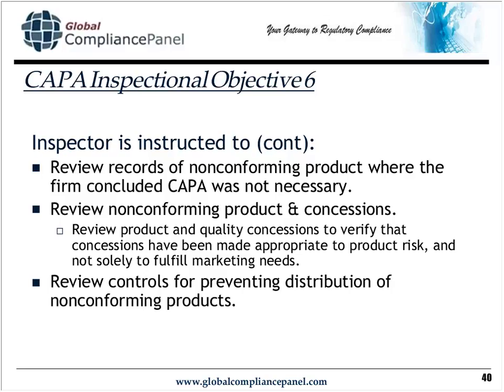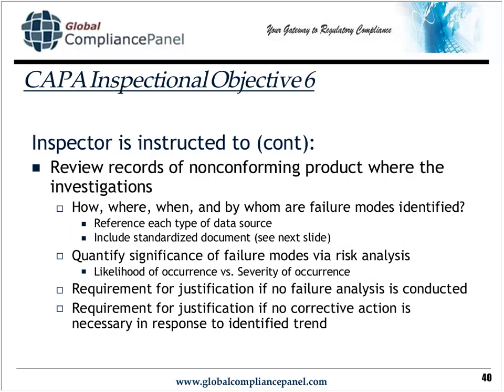And if you have a deviation form, never write "market requirements" as the reason for the deviation. That is something, as you can see here in Objective 6, that the inspector is explicitly warned against allowing. And they're going to make sure that you have a procedure for making sure that nonconforming product is not distributed.